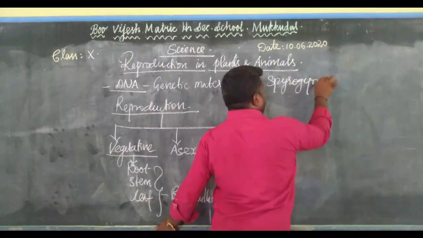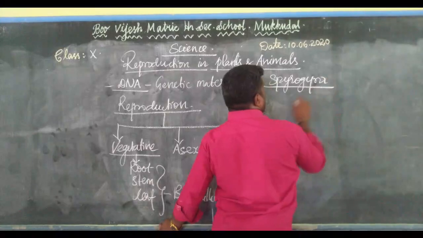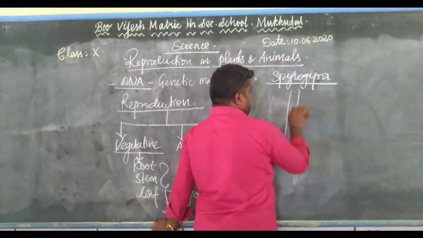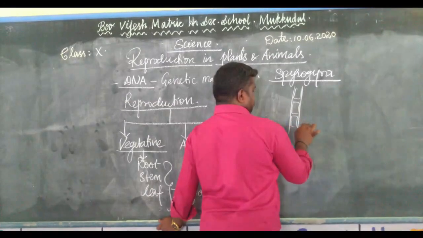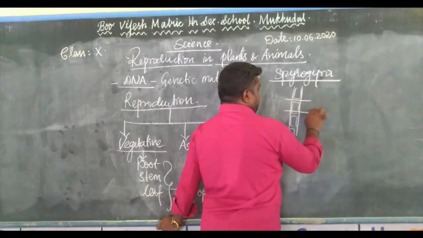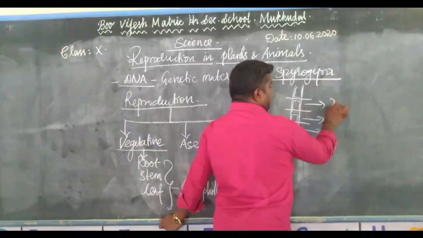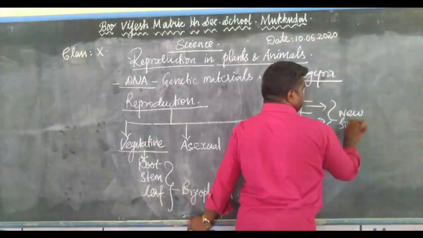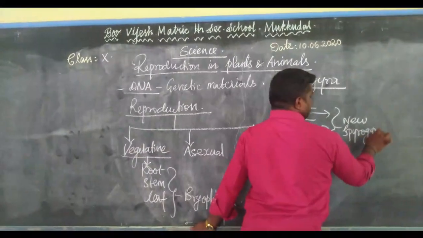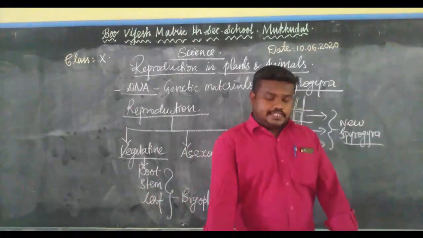Spirogyra is an example for fragmentation. Here, this is the shape of the Spirogyra. It is cut into many pieces. Then each piece grows into a new Spirogyra. So this is fragmentation.